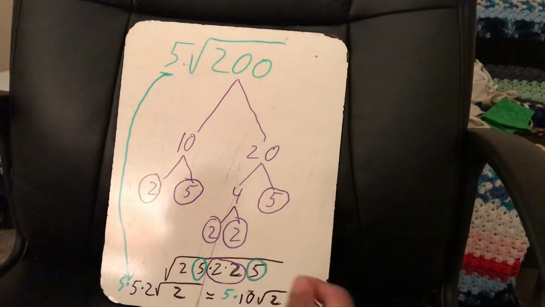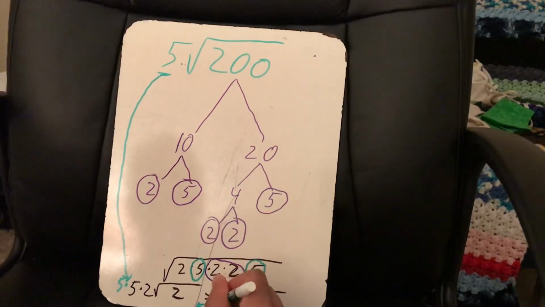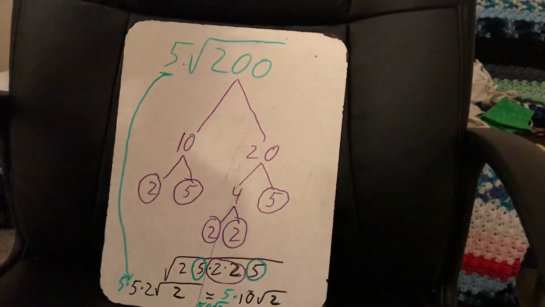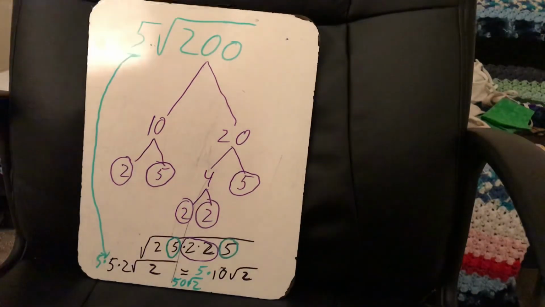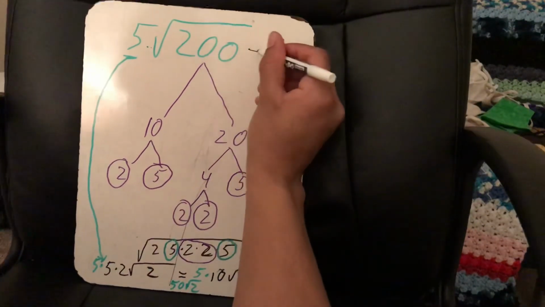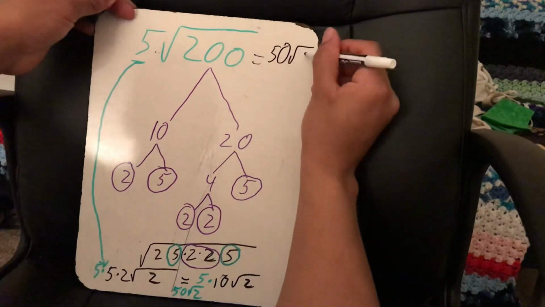It's 5 times 10 times radical 2. And our final answer ends up being 50 times radical 2. I realized that was a little further down. Our final answer is 50 times radical 2. So in the end, 5 radical 200 simplifies to 50 radical 2.